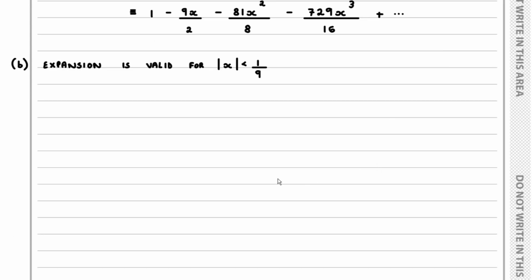Now, x equals negative 2/9 is outside of this range, and therefore should not be used. So we will not use x equals negative 2/9 to help us find an approximation for root 3.